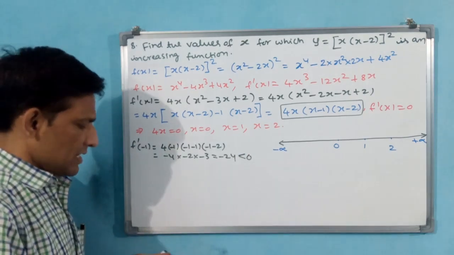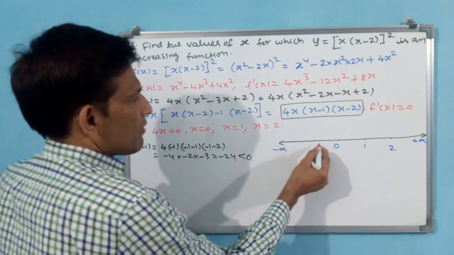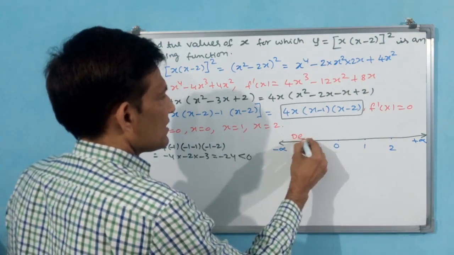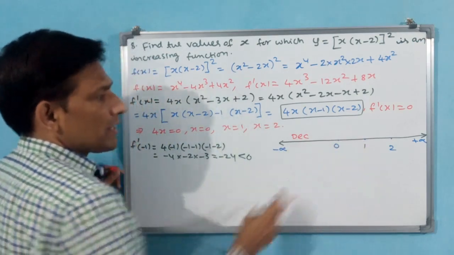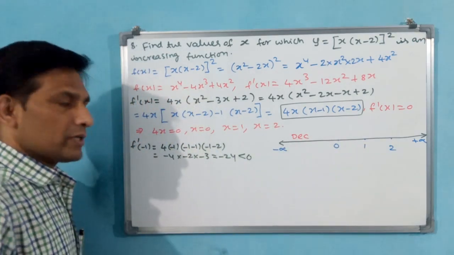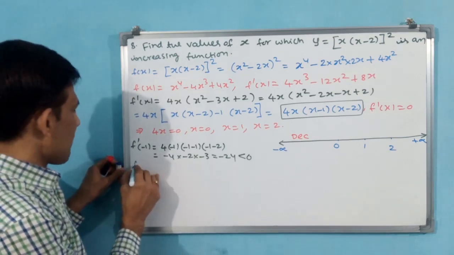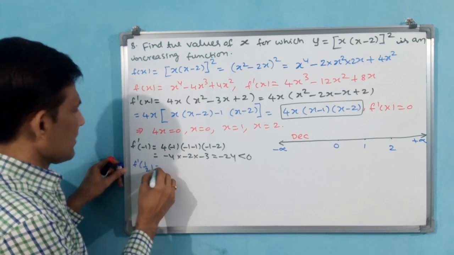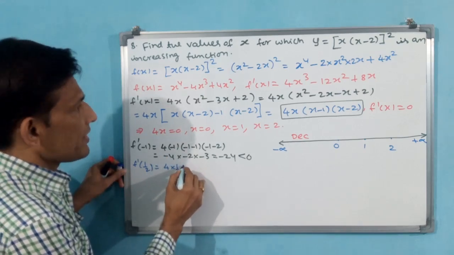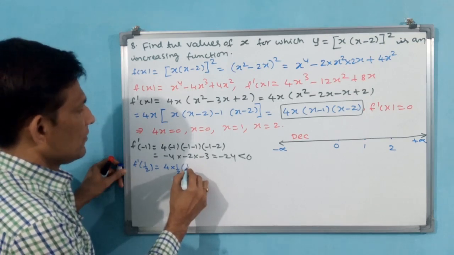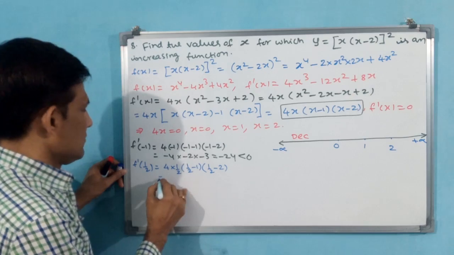That means here, less than 0, this is decreasing. But we want increasing. That is why this we should not take. Between 0 and 1, I think 0.5, 1 by 2 may come. Write down f dash 1 by 2: 4 into 1 by 2, 1 by 2 minus 1, 1 by 2 minus 2.